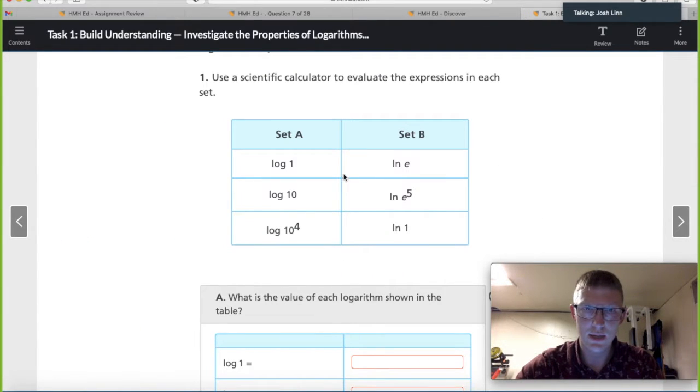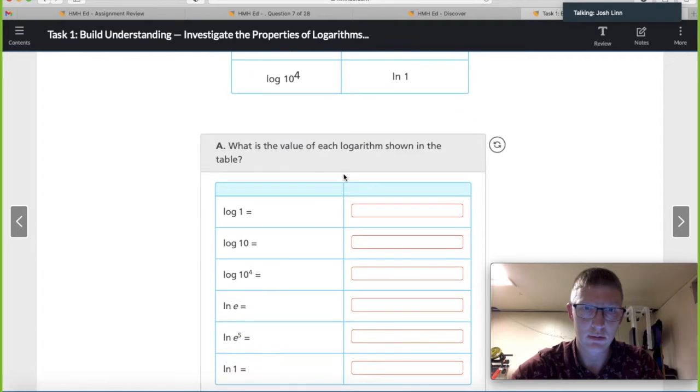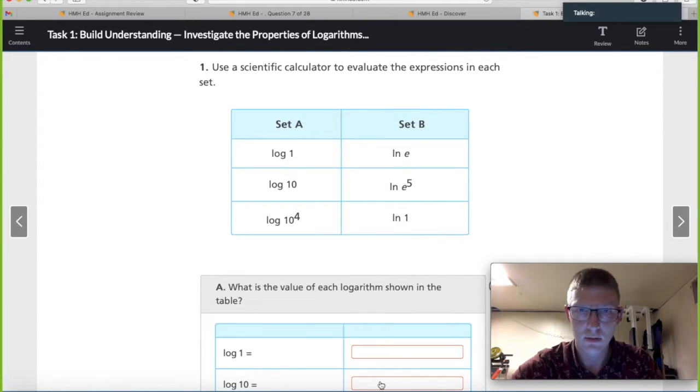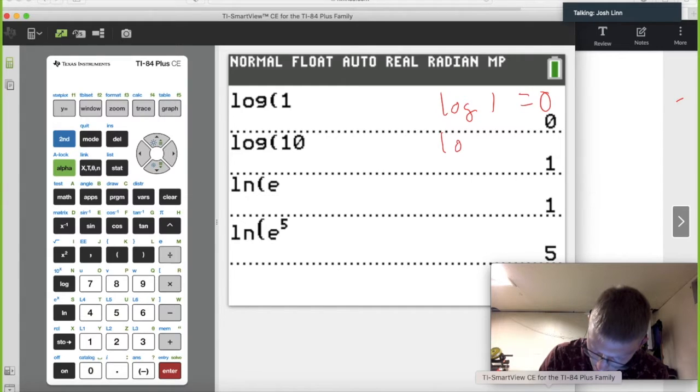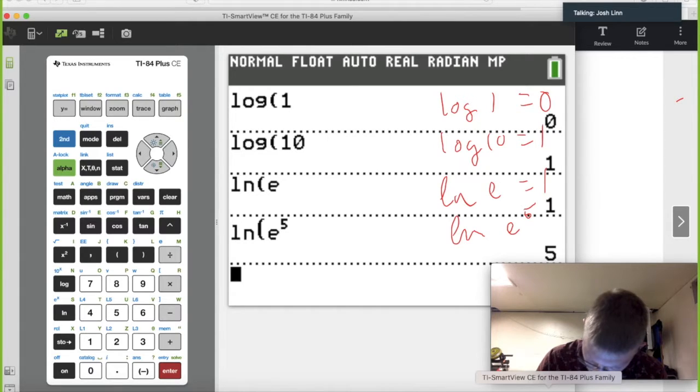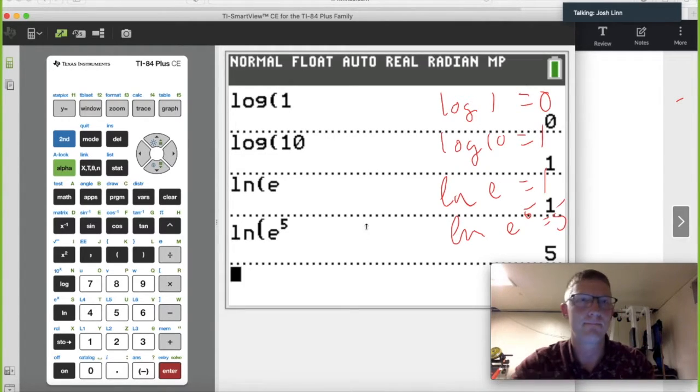So let's write these in here. So what do we get? We got log of 1 equals 0. Log of 10 equals 1. Natural log of e equals 1. Natural log of e to the 5th equals 5.